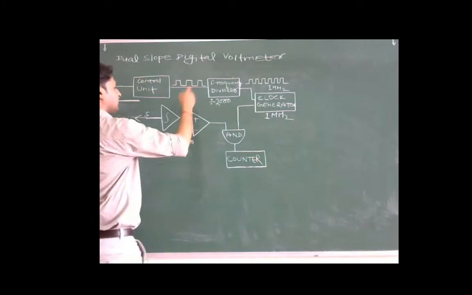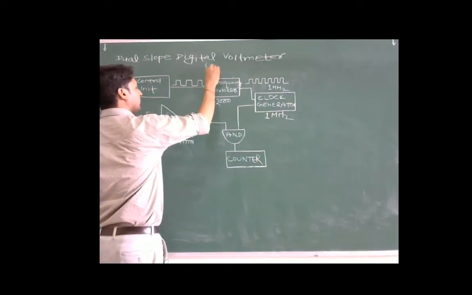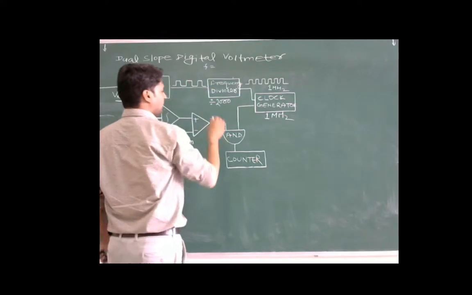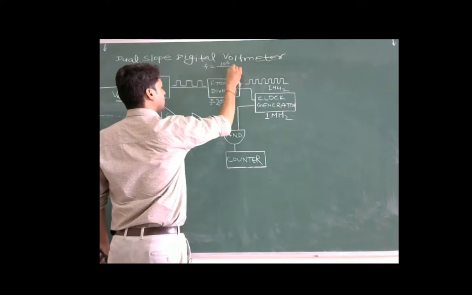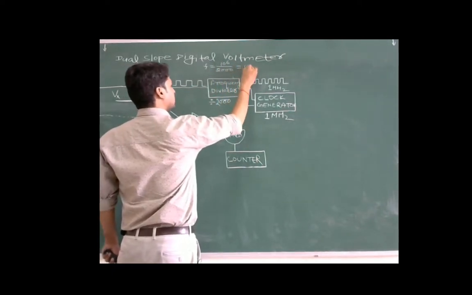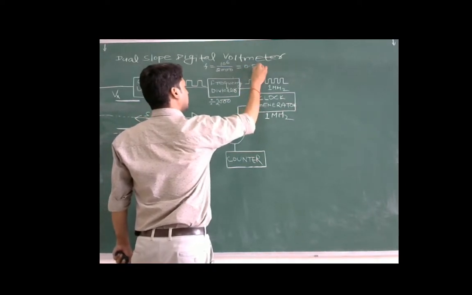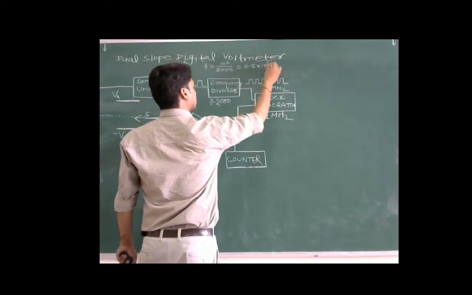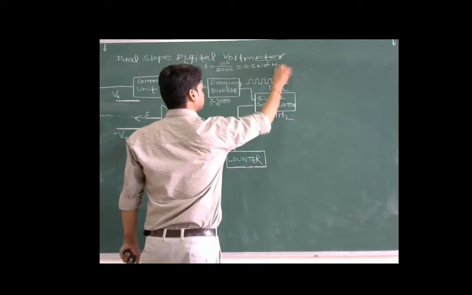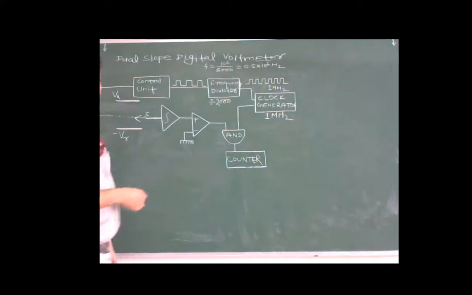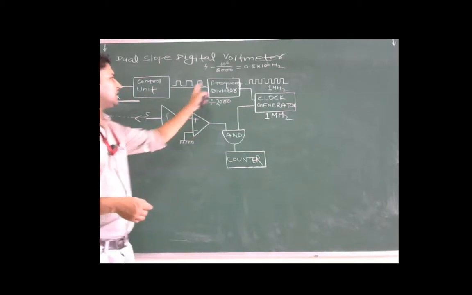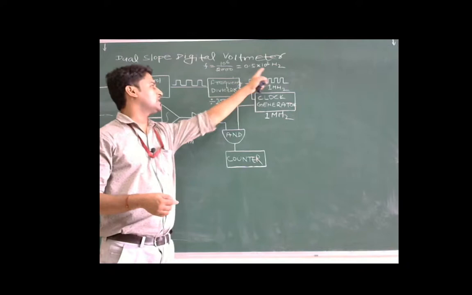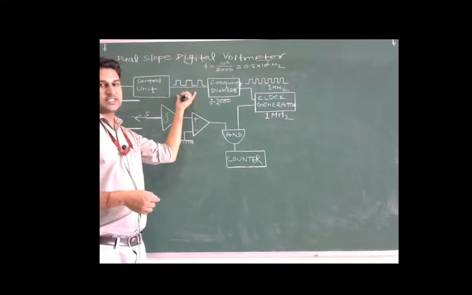Then the frequency of this signal will be 1 megahertz, means 10 power 6 divided by 2000. Frequency will be 0.5 into 10 power 3 hertz. So if the frequency of this signal is 0.5 into 10 power 3 hertz, then how much will be the time period of this signal?